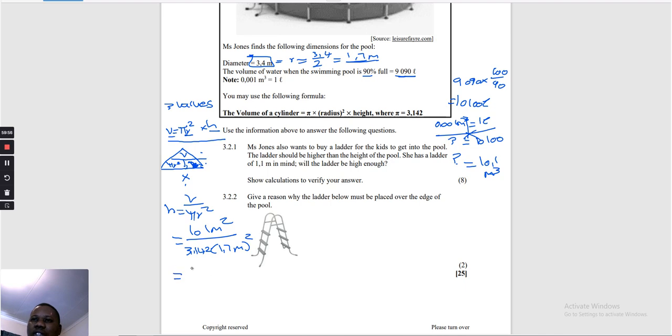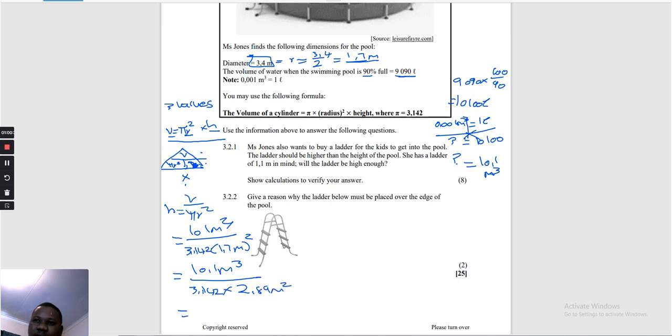So that is equal to 10,1 meter cubed divided by 3,142 multiplied by 1,7 to the power 2. 1,7 to the power 2 is equal to 2,89 meter squared.